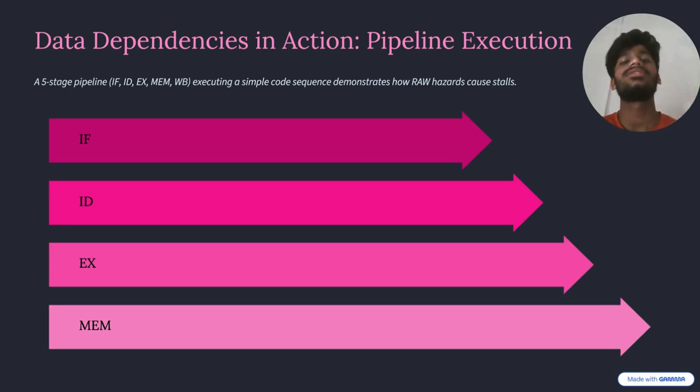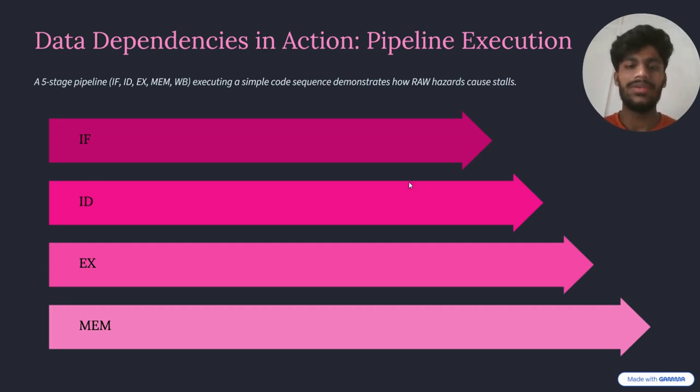When dependencies like WAW or especially RAW occur, the processor may not be able to execute instructions smoothly. This leads to pipeline stalls where some stages have to wait, reducing efficiency. So instead of continuous execution, we get delays or bubbles in the pipeline.